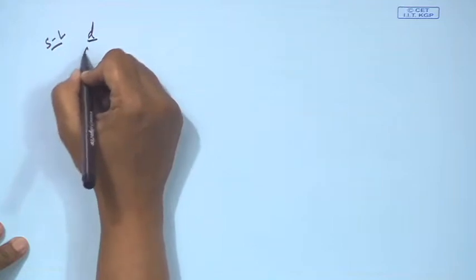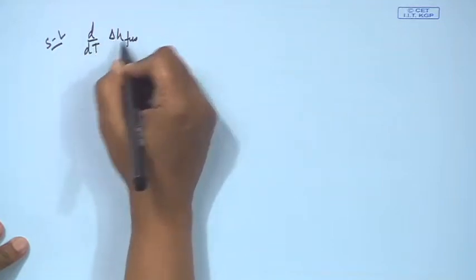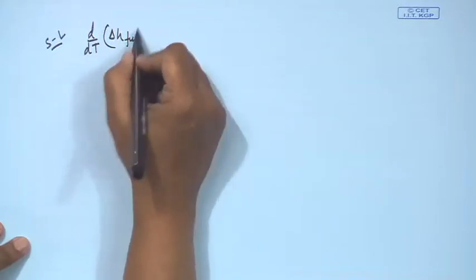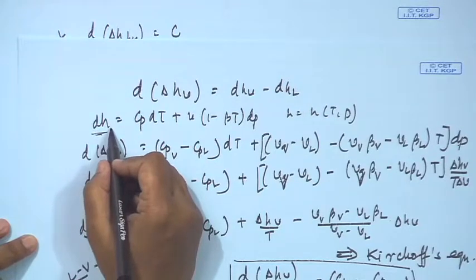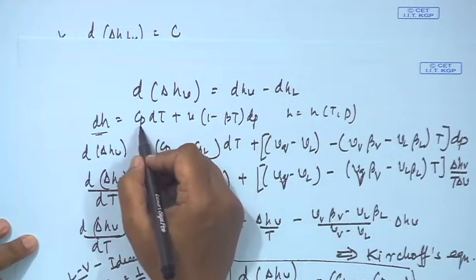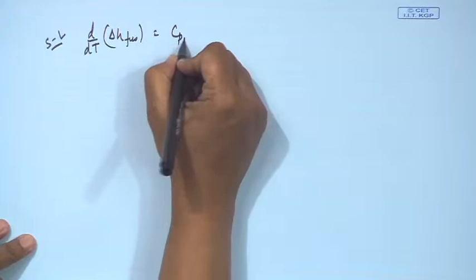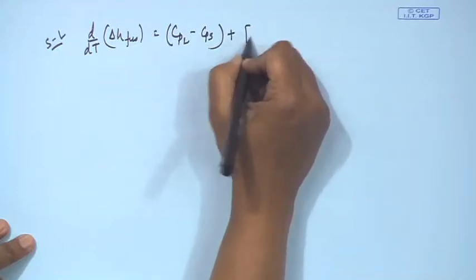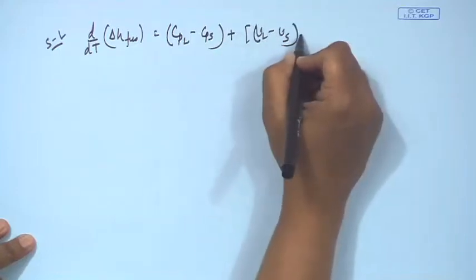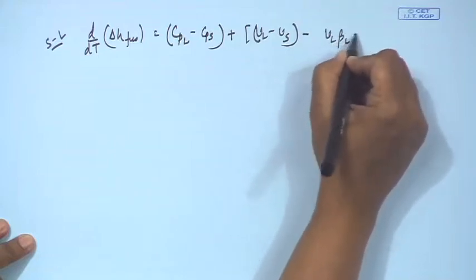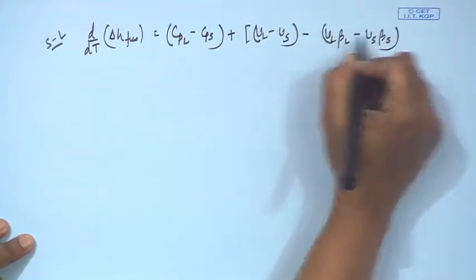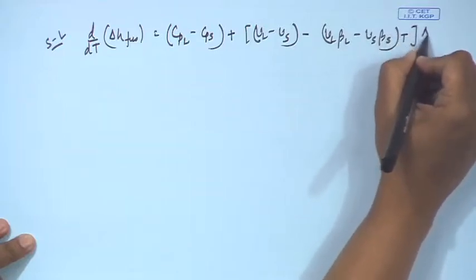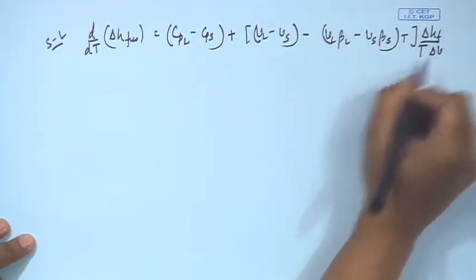In that particular case, suppose I would like to find the delta H fusion, then here also I do the same thing, I try to substitute dHL minus dHS, I write this in terms of CPS, CPL, etc., and then the equation that I get is CPL minus CPS plus, repeating, VL minus VS minus VL beta L minus VS beta S T into delta HF by T delta V, right.